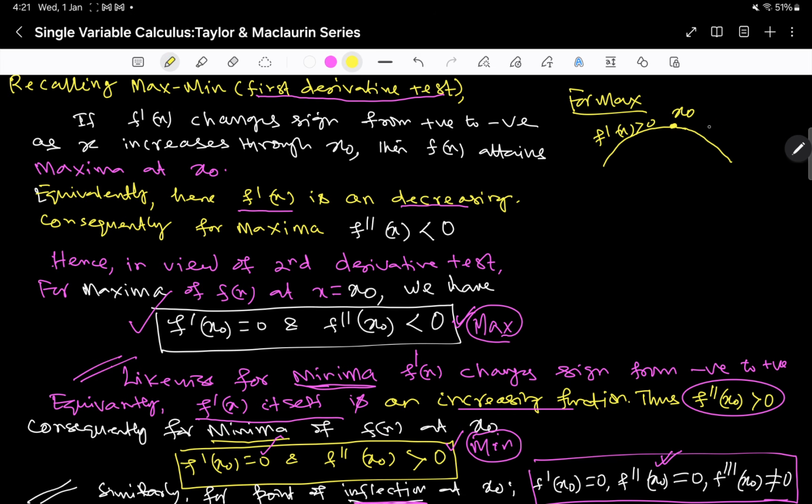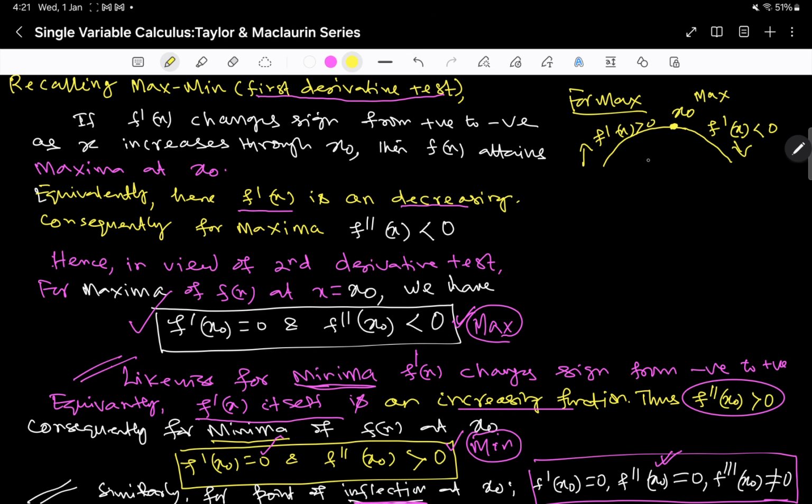Now towards the right neighborhood, f dash x again decreases. So it increases in the left neighborhood, then suddenly after x0 it starts decreasing. So here x0 is a point of maxima.